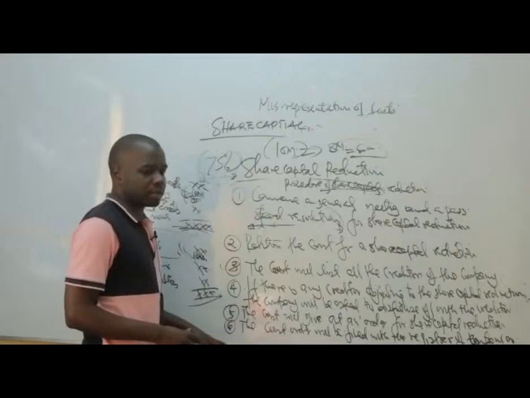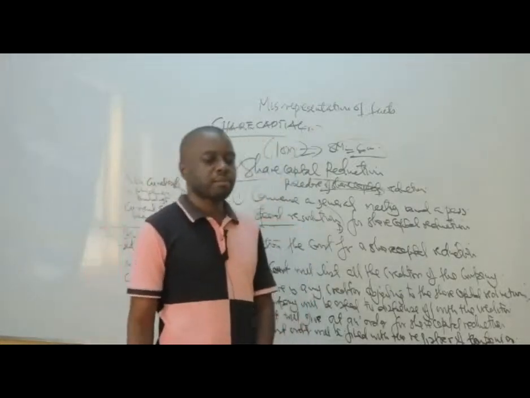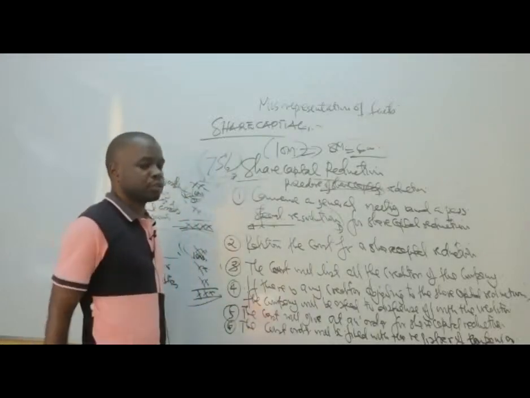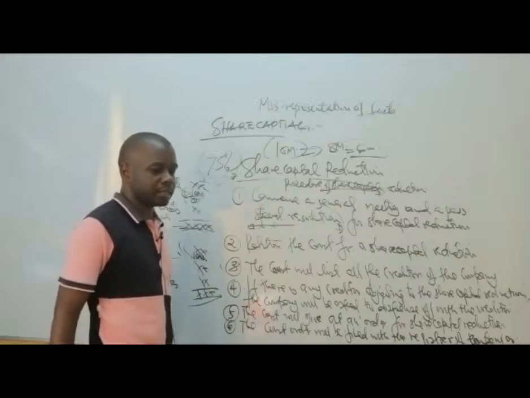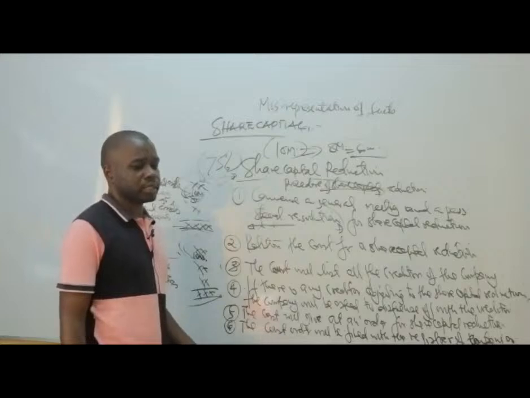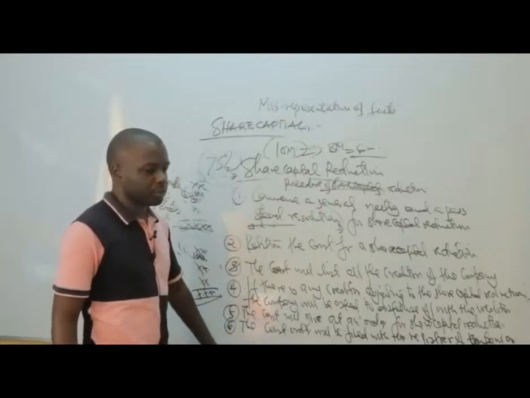Then the last thing that will actually happen, the company will proceed with the share capital reduction. And the method of share capital reduction will be upon the company to decide, whether they'll buy back the shares or how they will go about the share capital reduction. So that is basically the procedure of share capital reduction.